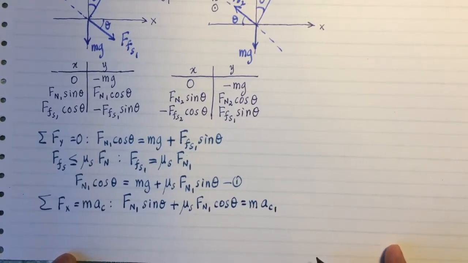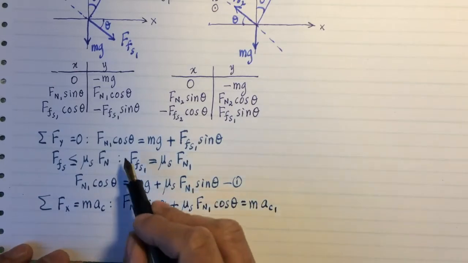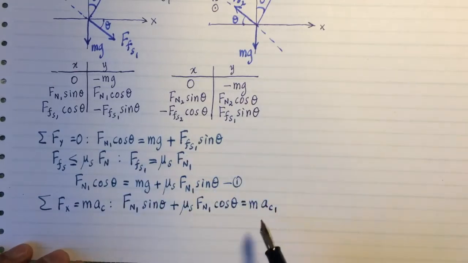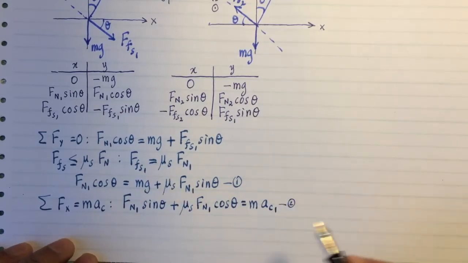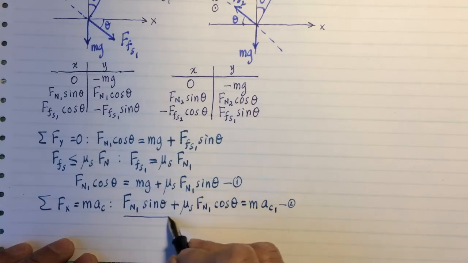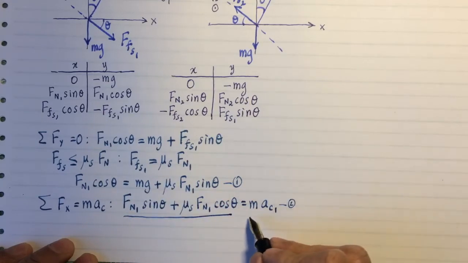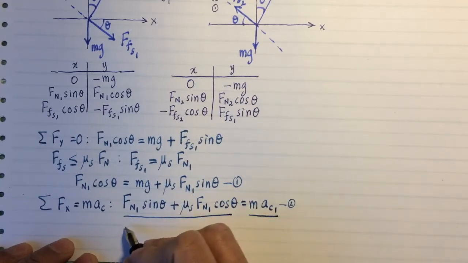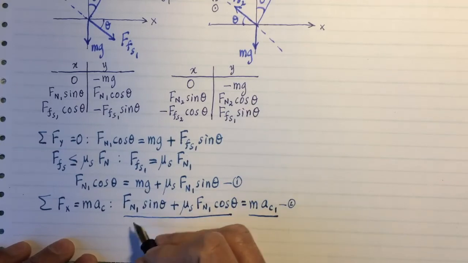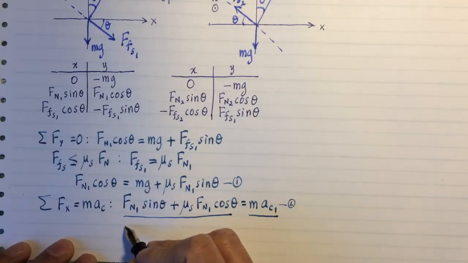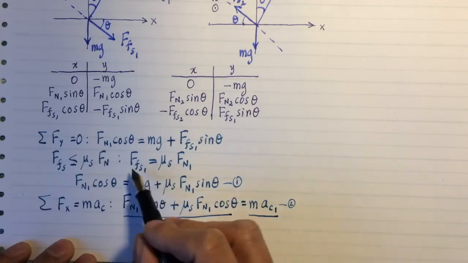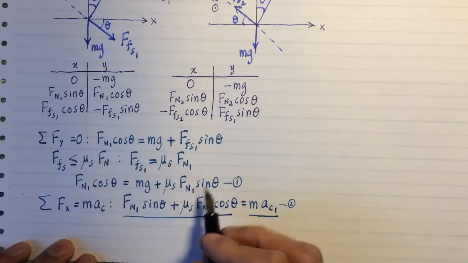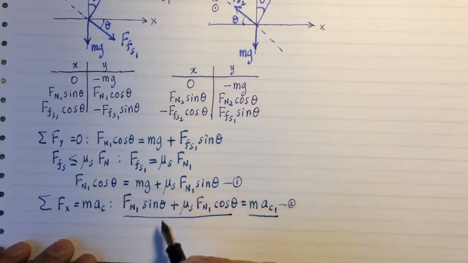I'm now going to write equation 1 directly below equation 2, and divide. This procedure of dividing is an extremely useful procedure. I'll take this to the left side.